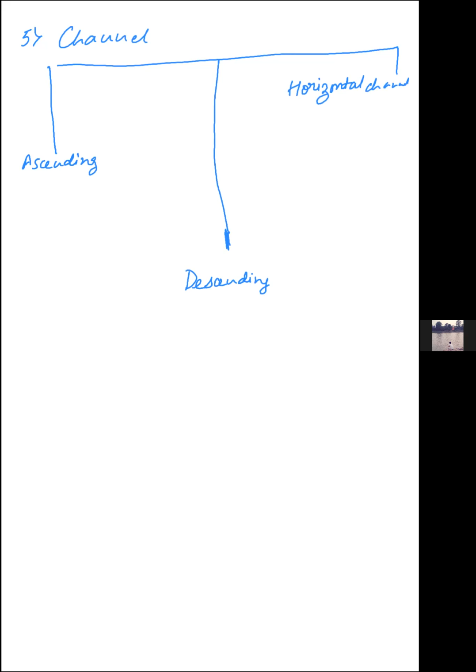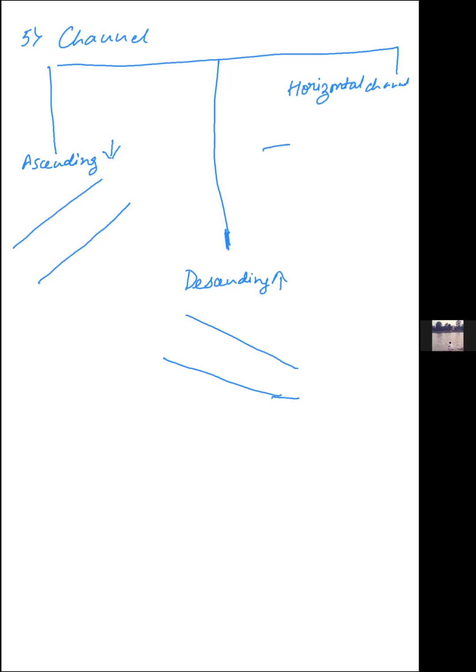Ascending channel looks somewhat like this, and an ascending channel gives a downside breakout. Descending channel looks somewhat like this, and a descending channel gives an upside breakout.